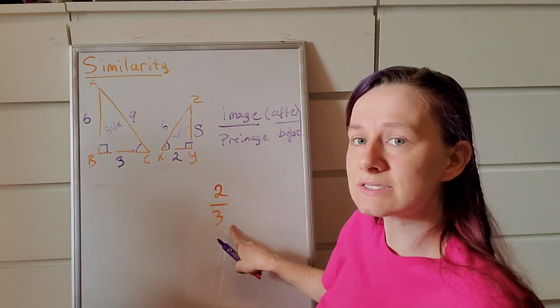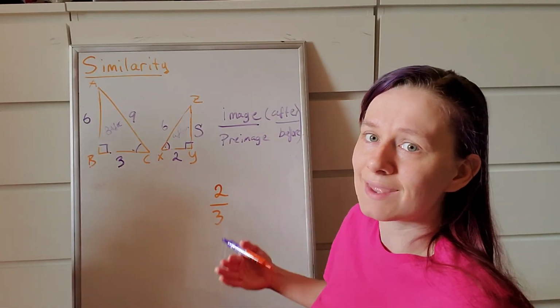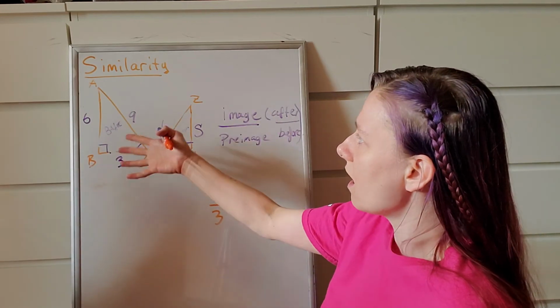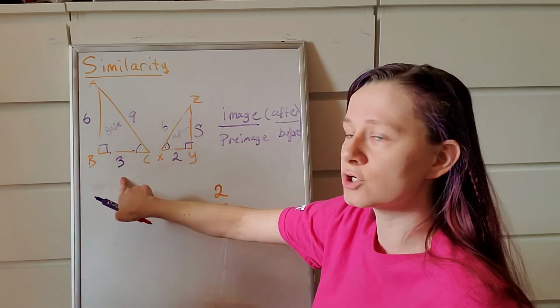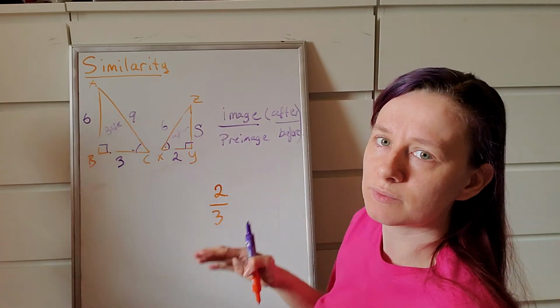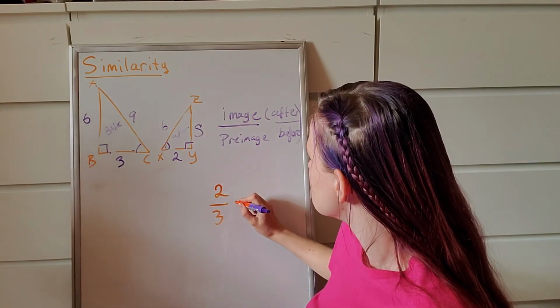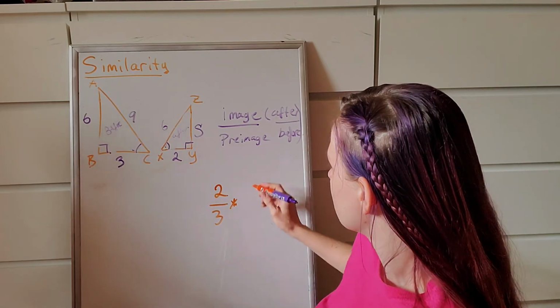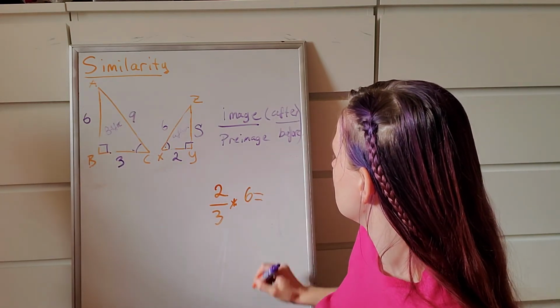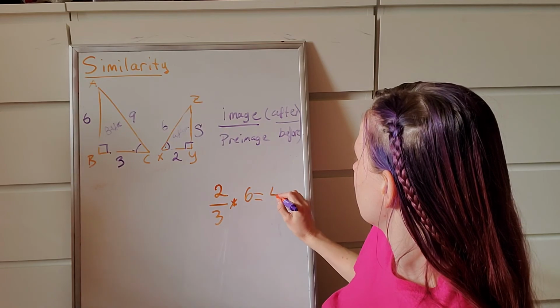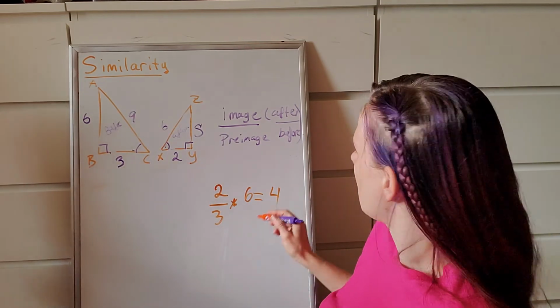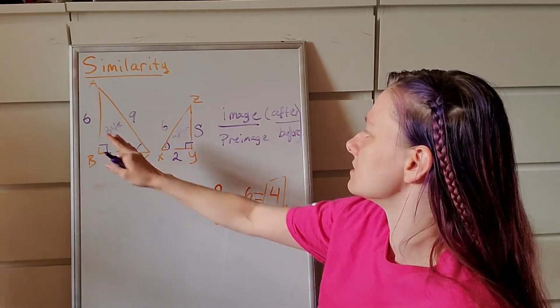And then I can take that scale factor and I multiply it by any side length on the before triangle to get the value in my after triangle. So I would do 2/3 times 6 equals 4. And that's the other way that I could solve for S.